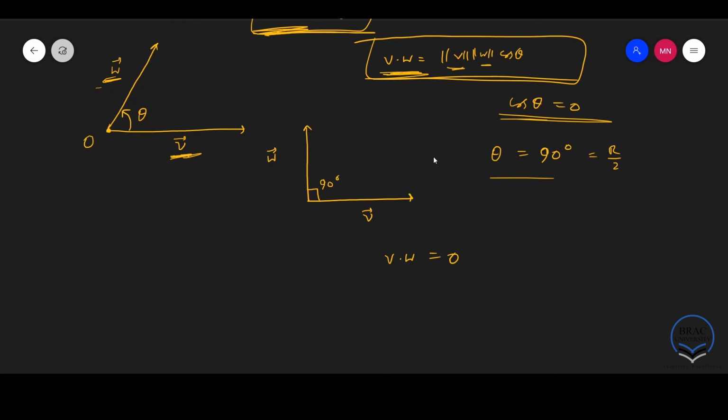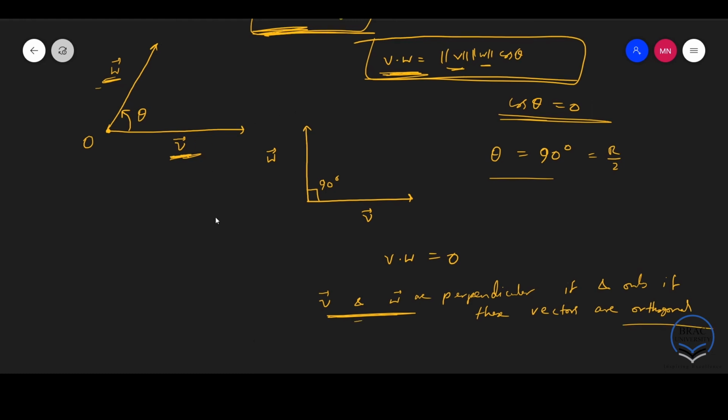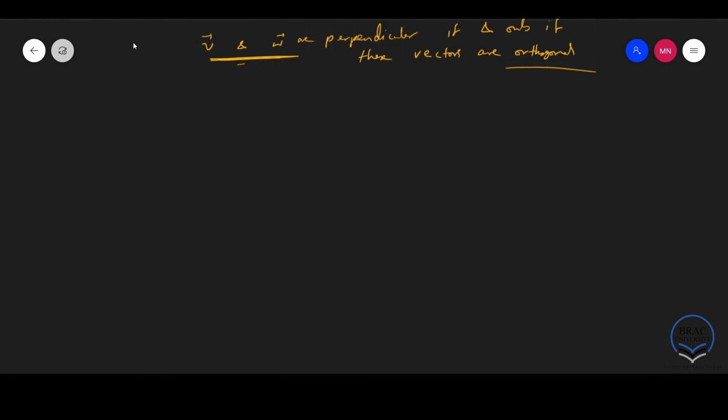So the vectors v and w are perpendicular if and only if the vectors are orthogonal. These two vectors will be perpendicular if and only if they are orthogonal. So if two vectors are orthogonal, it means they're perpendicular.